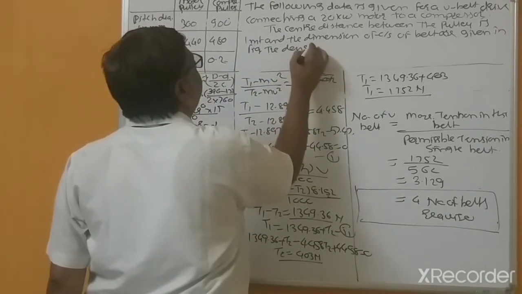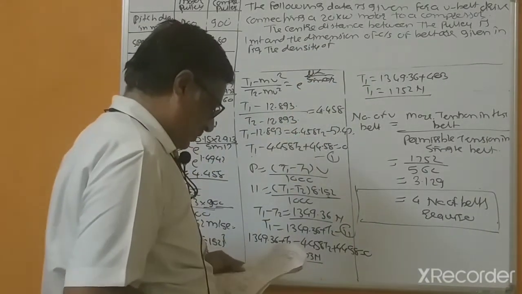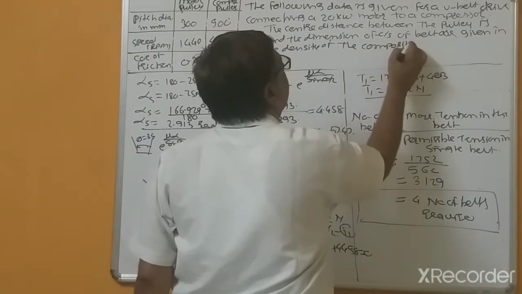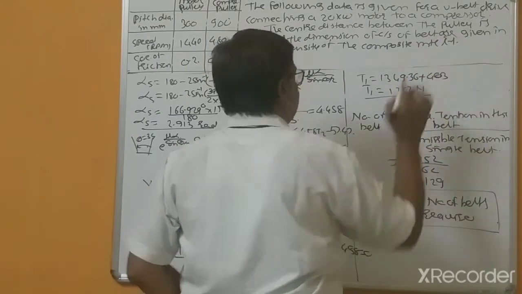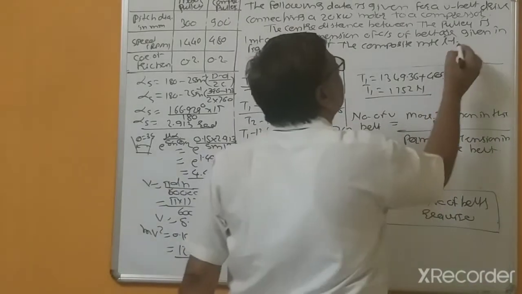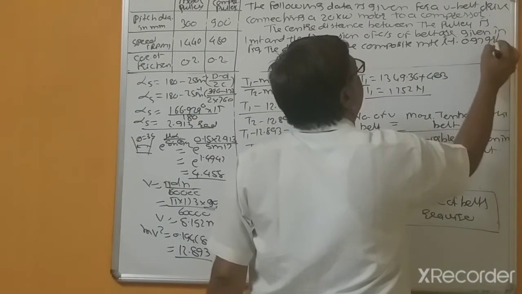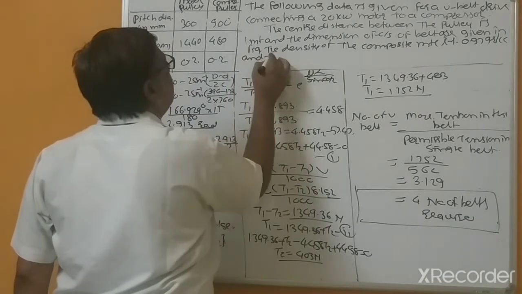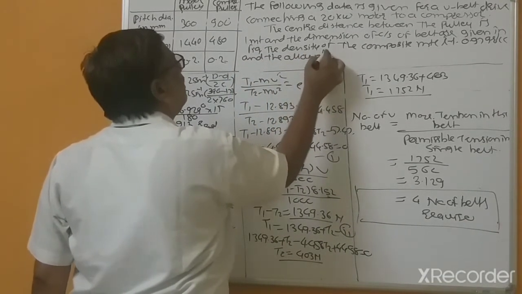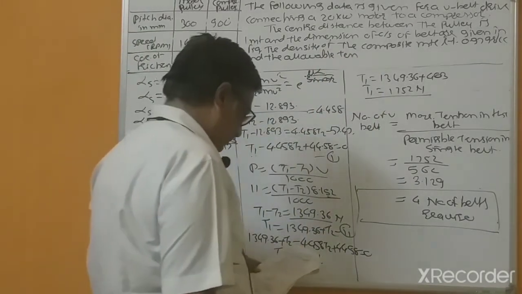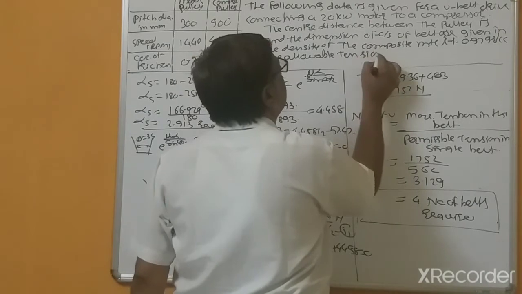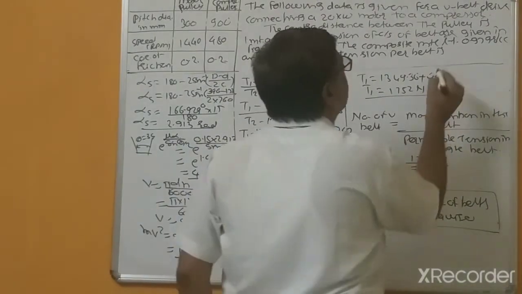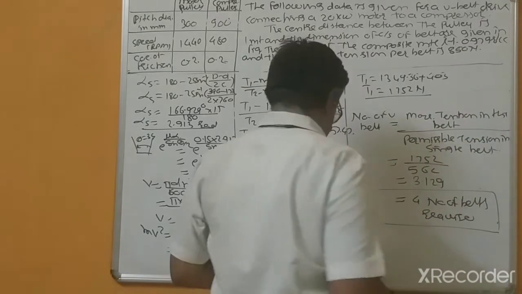The density of the composite material is 0.97 gram per cc, and the allowable tension per belt is 850 Newton.